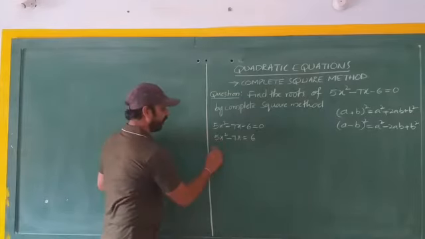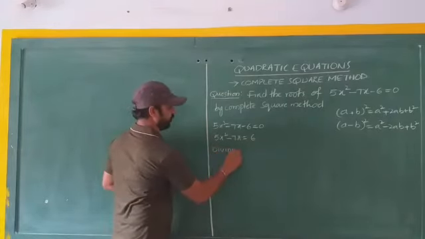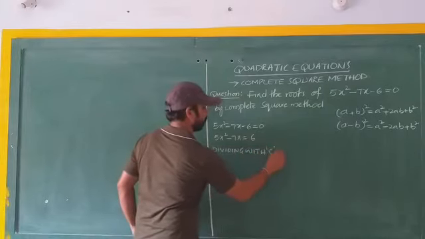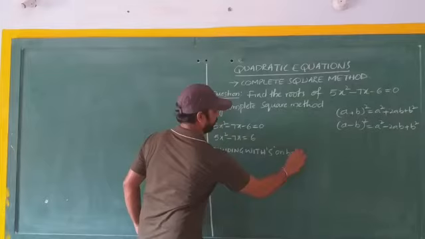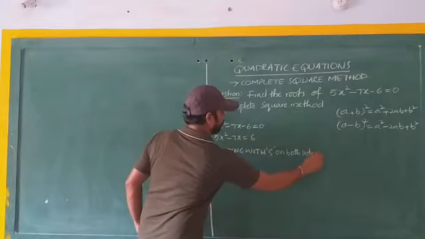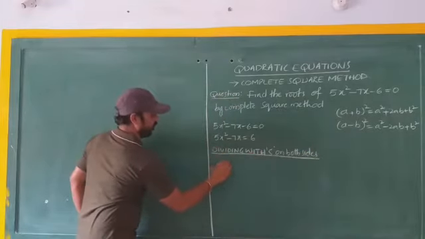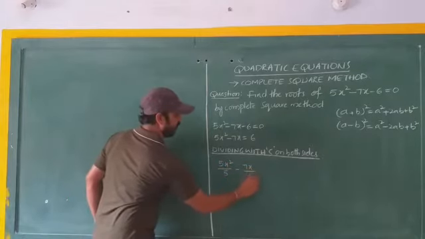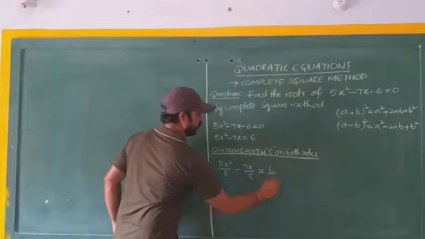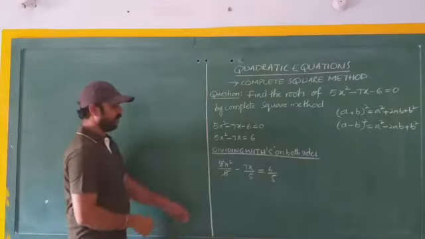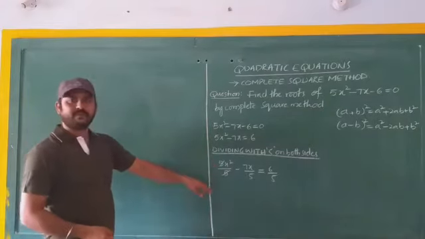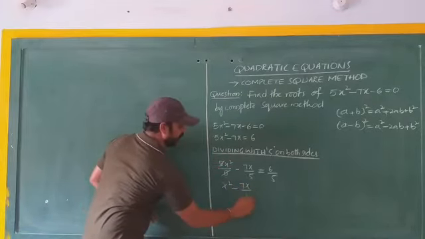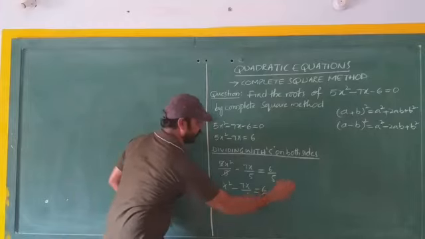Now dividing by 5 on both sides, x square by 5 minus 7x by 5 is equal to 6 by 5. 5 gets cancelled, so now the coefficient of x square becomes equal to 1. x square minus 7x by 5 is equal to 6 by 5.